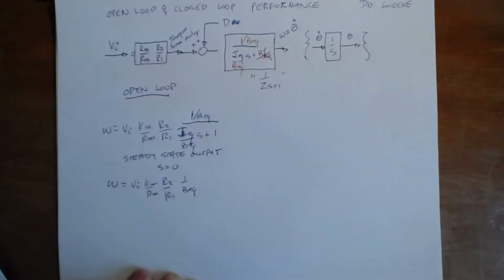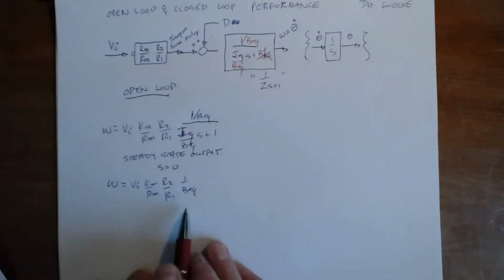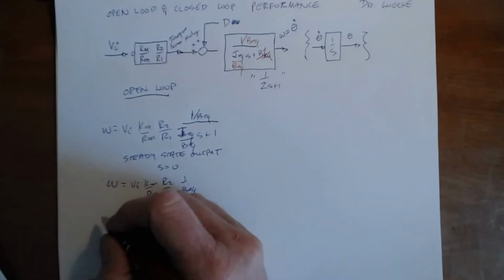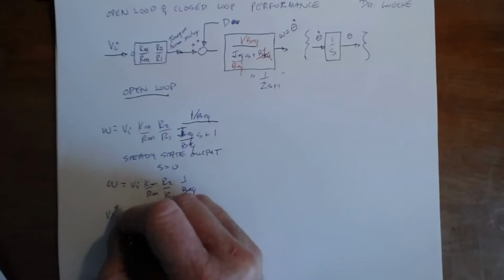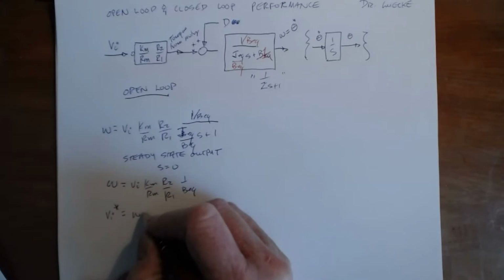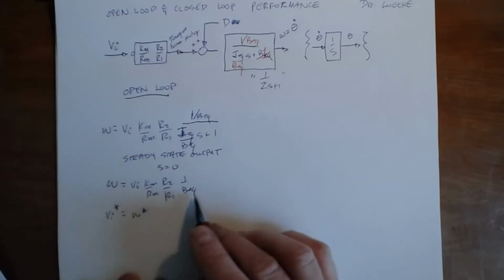So if I want the motor to go to a specific speed, omega star, I can set Vn star equal to omega star divided by that gain. Once I know what Km is, once I know all these numbers, I can measure these.